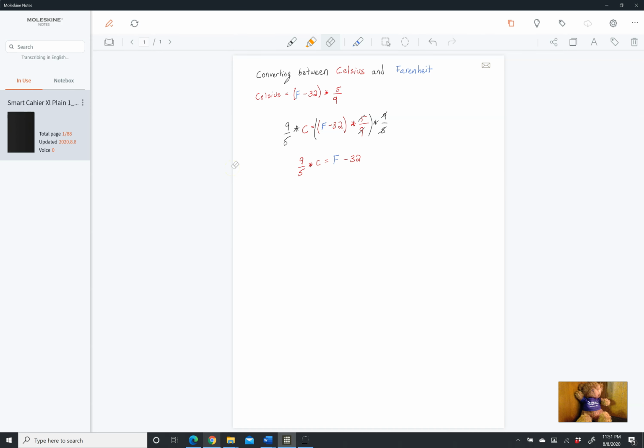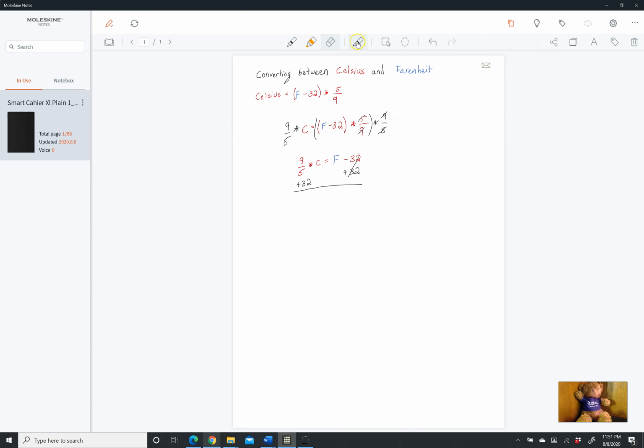And then all we have to do is add 32 to both sides. What that does is it gets the F all by itself. So the 32 cancels on this side, then we're adding 32 on this side.